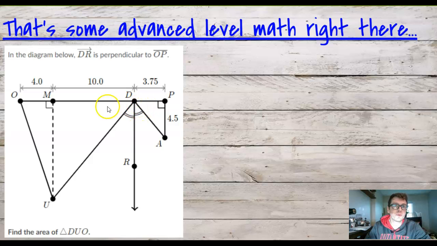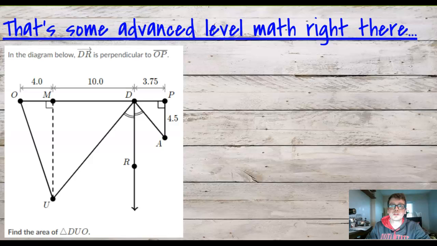The complements will also be congruent because, look at this, DR is perpendicular to OP. We know that there's a right angle over here and there's a right angle over here. So based off of that, this angle here, PDA, is equal to angle MDU.